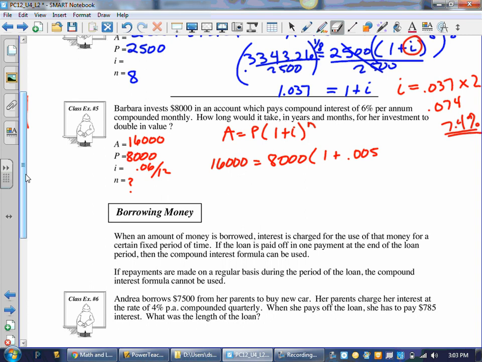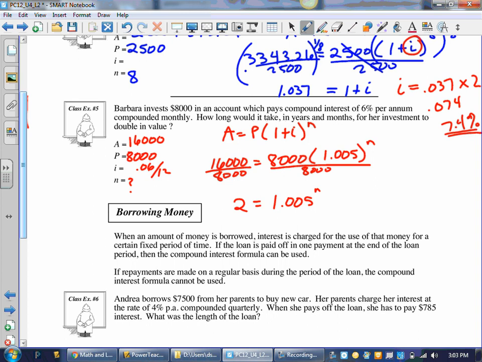So I'm just going to make that 1.005. I don't know how long it is, the nth power. All right, so now I'm going to go ahead and divide by my 8,000, which makes it a 2. Oh, wow. What do I do now?